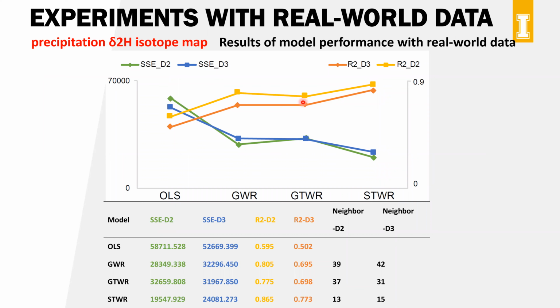These two lines are the R square, and you can see STWR has the highest R square. These two lines are the sum of square error, and STWR has the lowest one. This indicates that STWR is the best model among these.